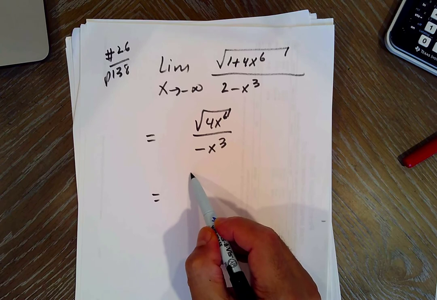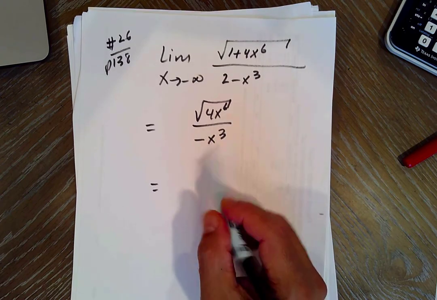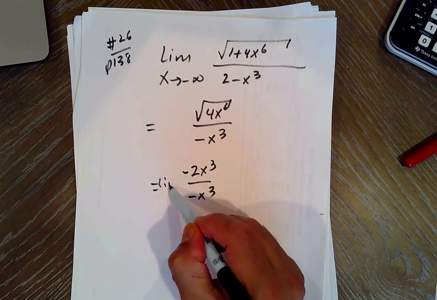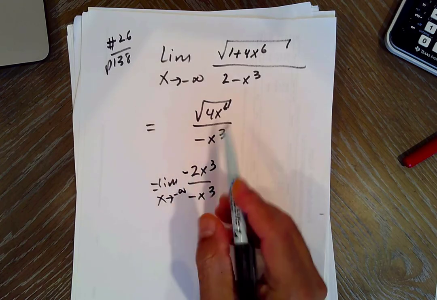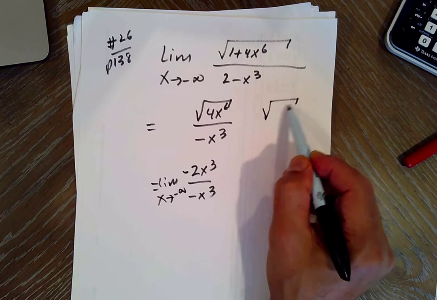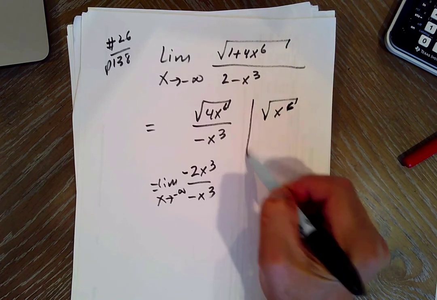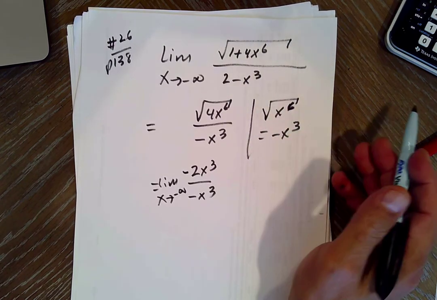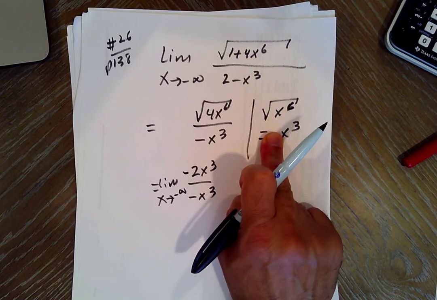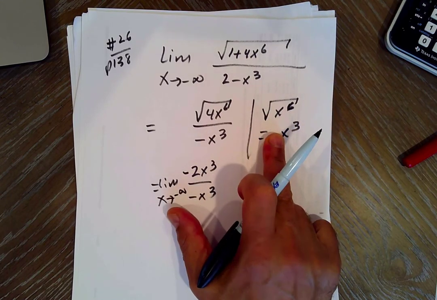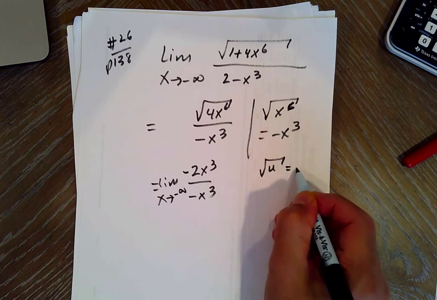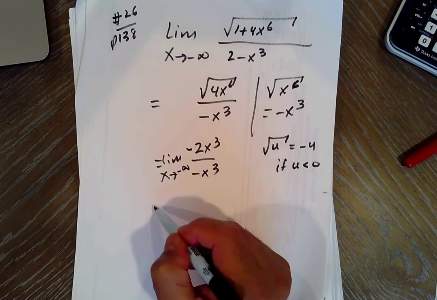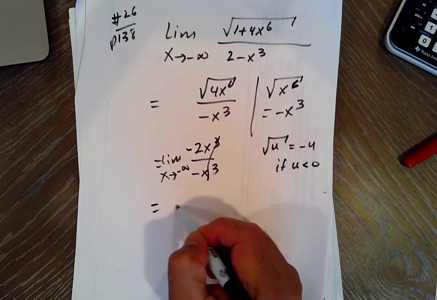So this would be 2x cubed over negative x cubed, because x is negative. So when we do square root of x to the 6 and x is negative, it's going to be negative x cubed, okay? Because when you do square root, you cannot get a negative answer. If you do x cubed, that's negative. Why negative? Because x is negative. Remember, square root of u squared is the opposite of u if u is negative. That's what this is about. So this would be negative 2 over negative 1, which is 2.